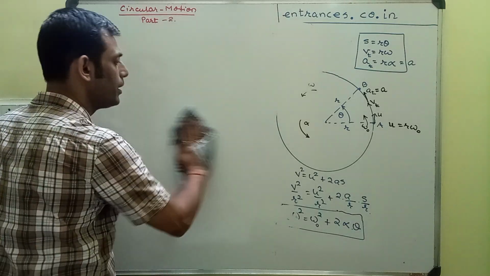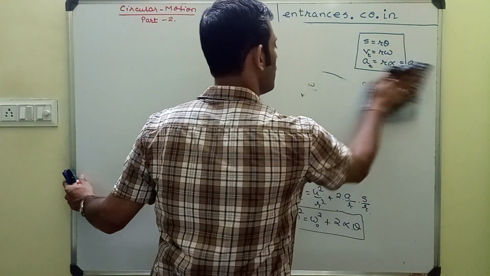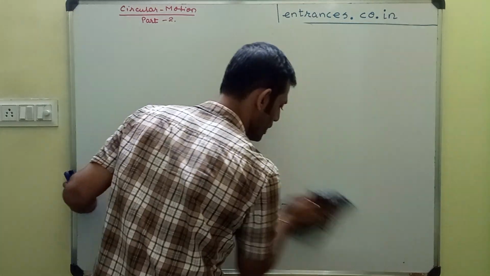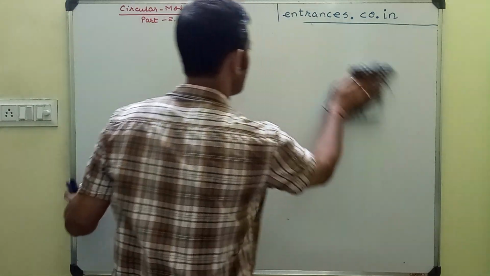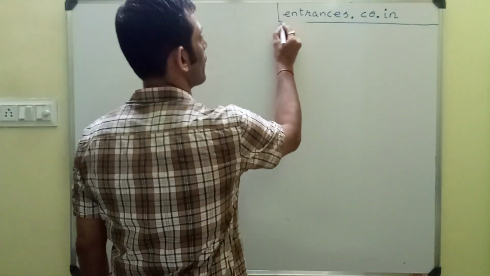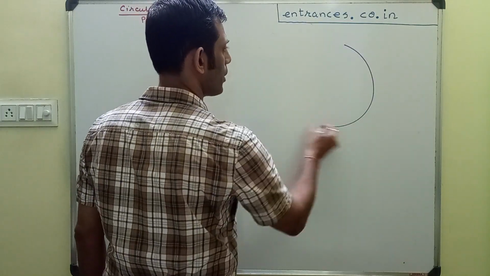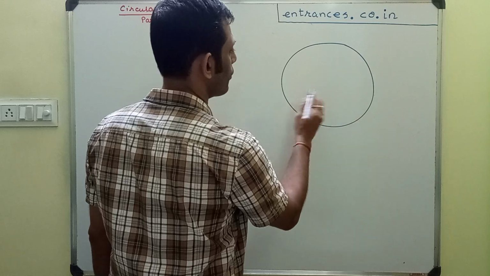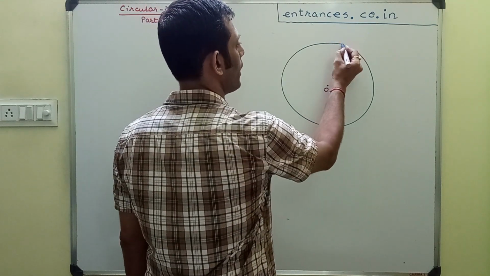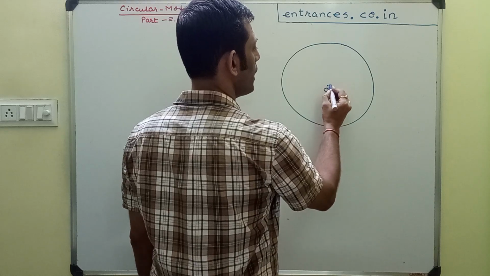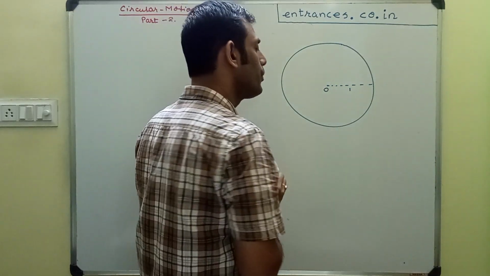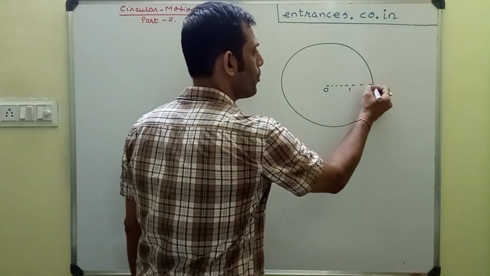Let's say we take a particle on the circular path whose radius is 1 unit and centered at origin. For simplicity, we will take this, and let's say we have origin at the center of the path, and the radius is equal to 1 unit, and we will define the position of a point here.